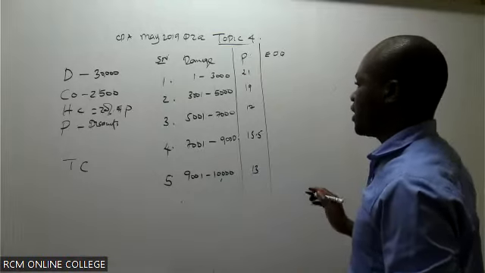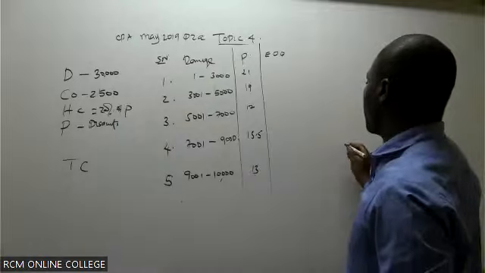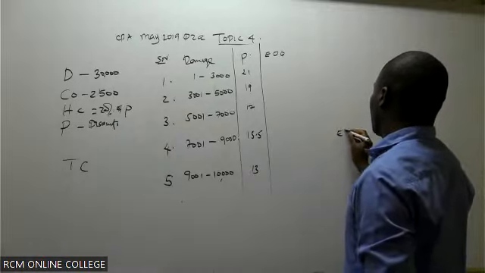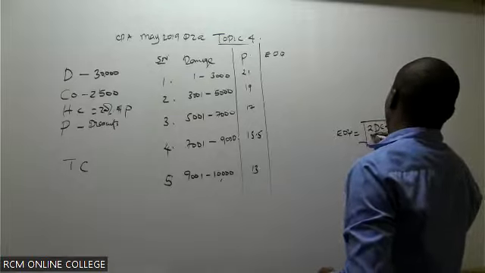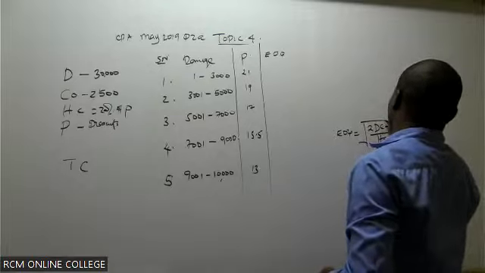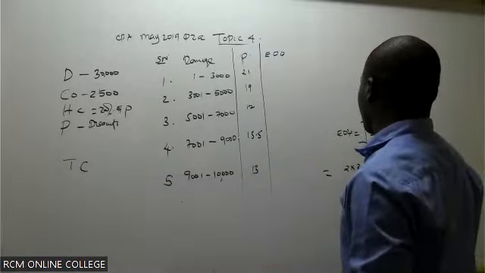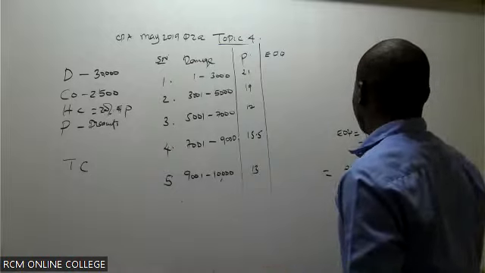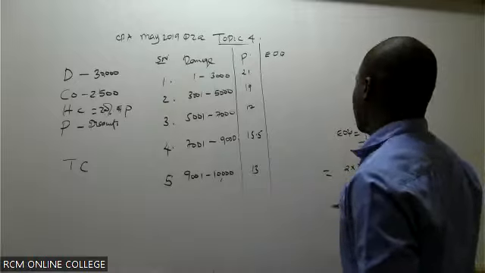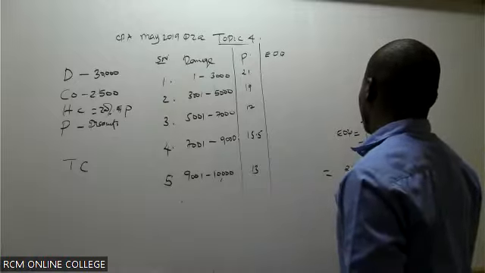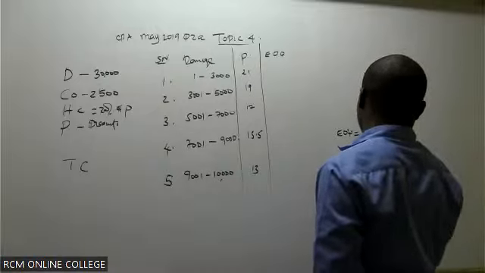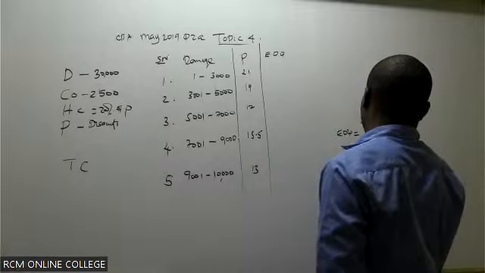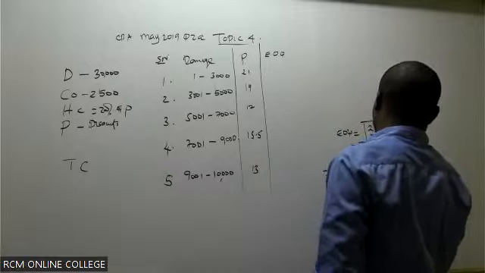I want you to do a very simple thing here. We've not forgotten the formula. Economic order quantity is equivalent to the root of 2DCO over XC. Our model will be 2 times demand, which is 30,000, times ordering cost, which is 2,500, the whole of it.